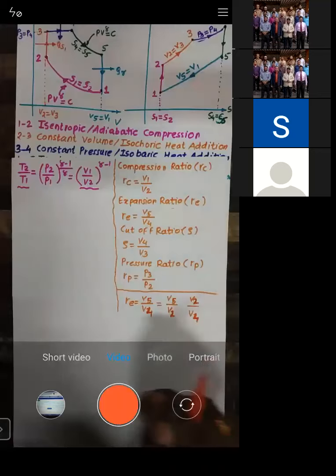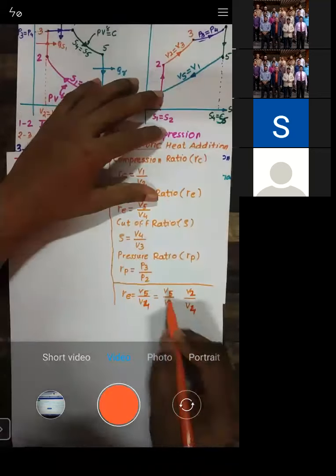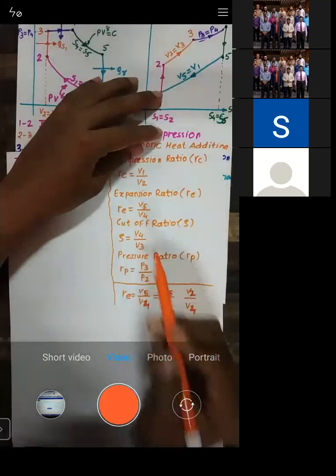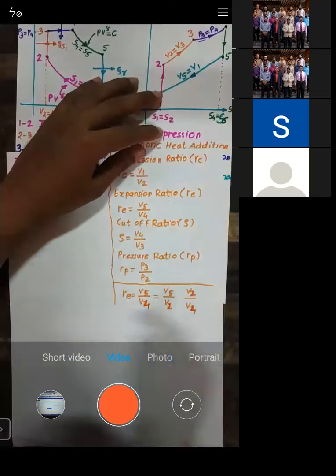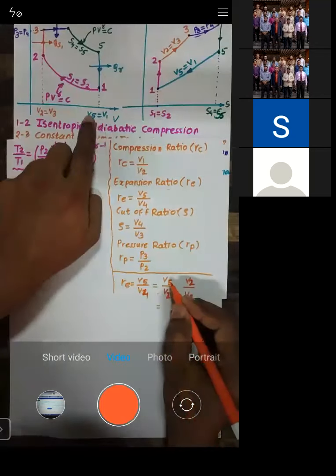Yes, I'm doing it. V5 by V4 is already there. Let us do it in the form of expansion ratio. Expansion ratio is given by V5 by V4. I will multiply and divide by V2. Now let us try to simplify. What is V5? It's V1, right?